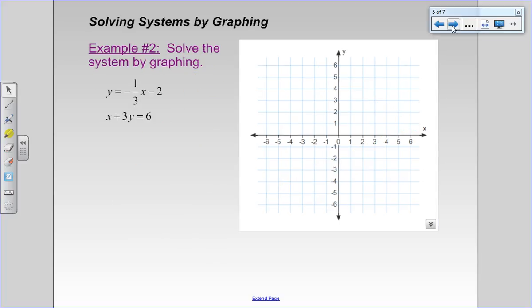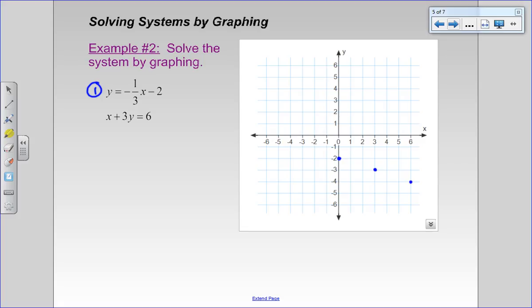Now let's look at the second possibility with a second example. In this system, the first equation is y equals negative 1/3 x minus 2. We see that it's in slope-intercept form, so we'll move to the y-intercept of (0, -2), and then use our slope, negative 1/3, to move down 1 unit on the y-axis, and then to the right 3 units along the x-axis, down 1 and to the right 3.